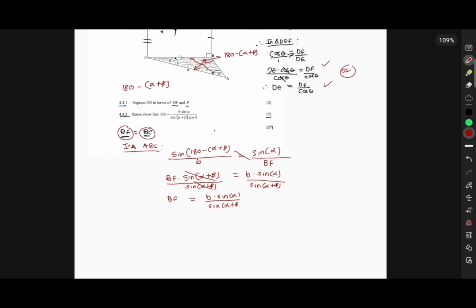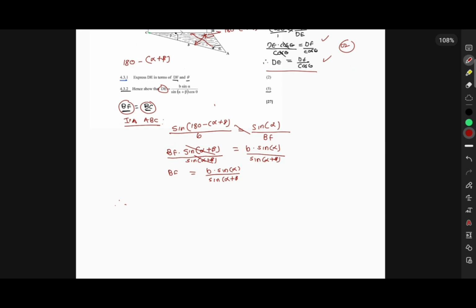I am not yet done, because I have to express this DE in terms of this. So what I have to do now is substitute this BF into my first equation for DE. Then I'll be done.